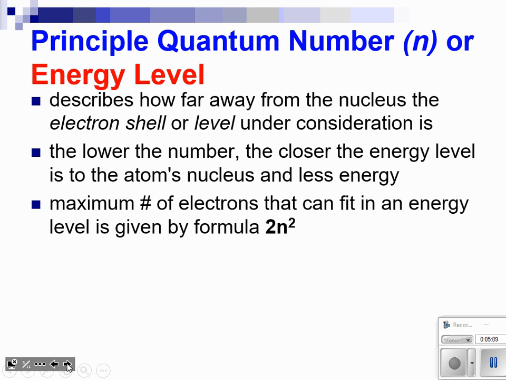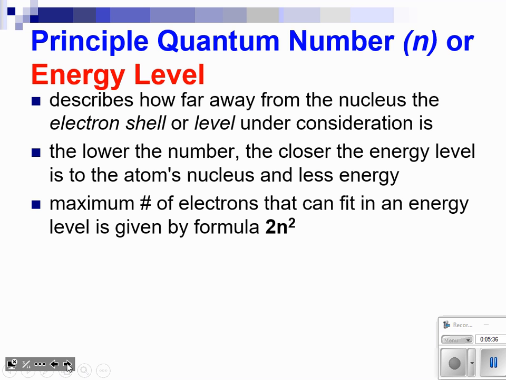If you look, the first energy level only has hydrogen and helium on it, so there are only 2 electrons on that energy level. Let's do the math here. What is n? n is 1, because it's the first energy level. 1 squared is 1, times 2 is 2.